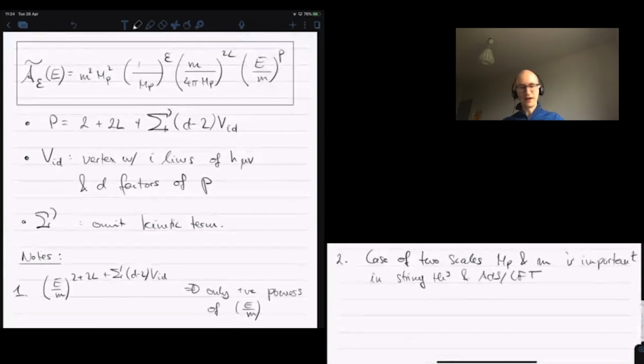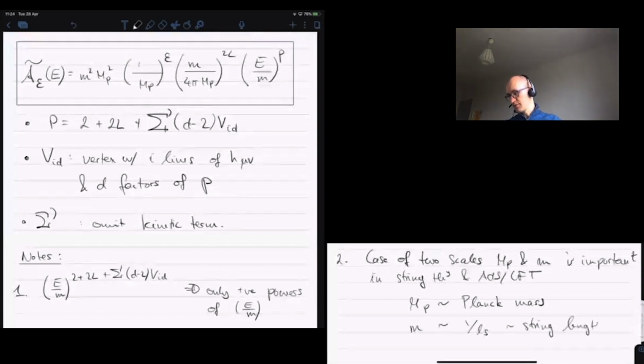And how does it manifest itself there? Well, M_P remains the Planck mass, so nothing special to say there. But m, this little m, actually will be something like 1 over the length of a string. So it's related to the string length, and sort of related to the string tension, really.